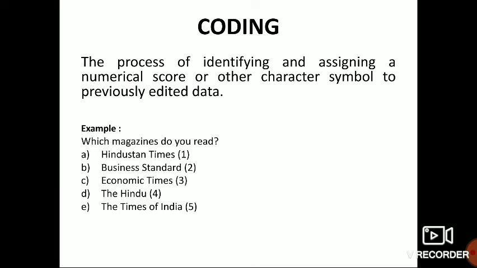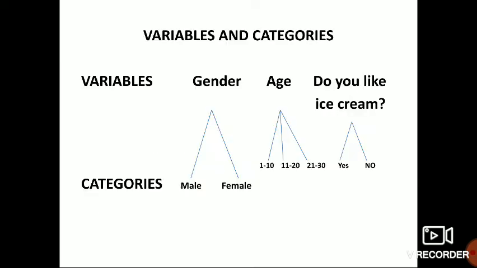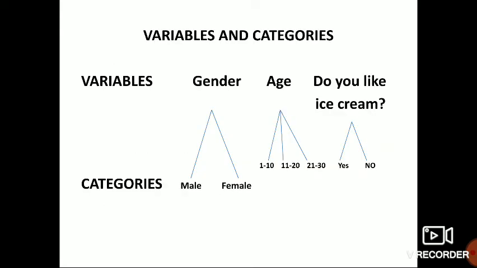If the Business Standard magazine comes again in F, it will make duplication of outcome. So the rule says there should be mutually exclusive categories, each independent and not repeated again. So these are the two rules of code construction.